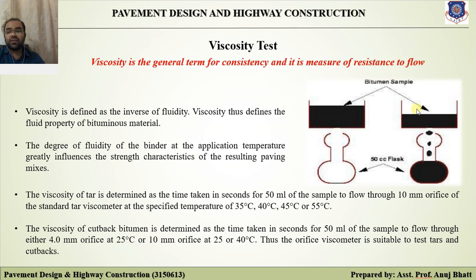As you can see in this figure, there is a flask, and we have a bitumen sample. At the initial stage, we pour the sample into this bucket. Then we increase the temperature, giving heat to this bituminous sample.